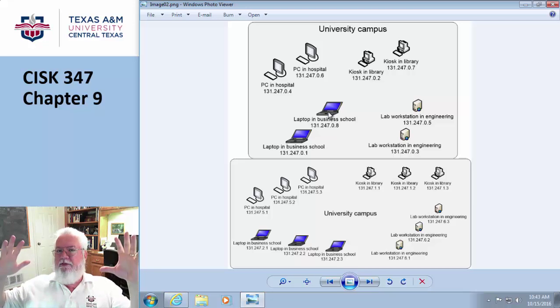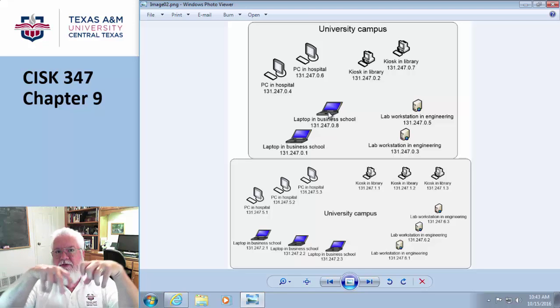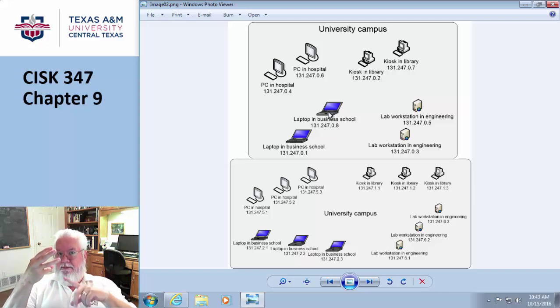Sometimes you build it around organizational structure, like a branch or a building. Sometimes you build subnets strictly to do with traffic patterns. I have a distinct traffic pattern that occurs over here, and a distinct pattern that goes over here. So I've given you three things, okay? Physical, organizational, and traffic. Those are the three reasons why you might want to do this.